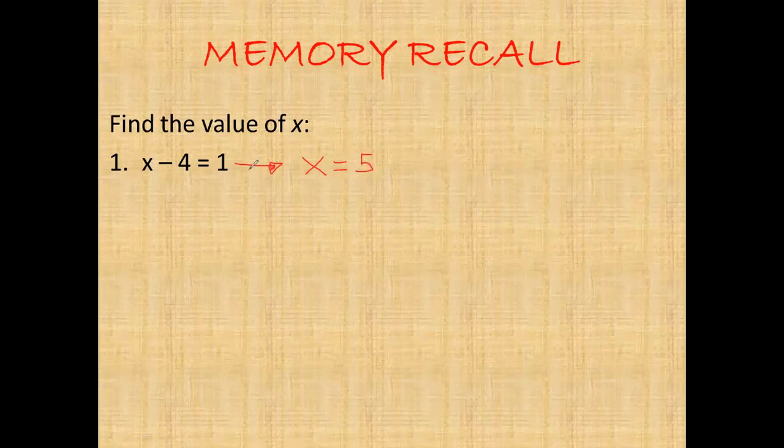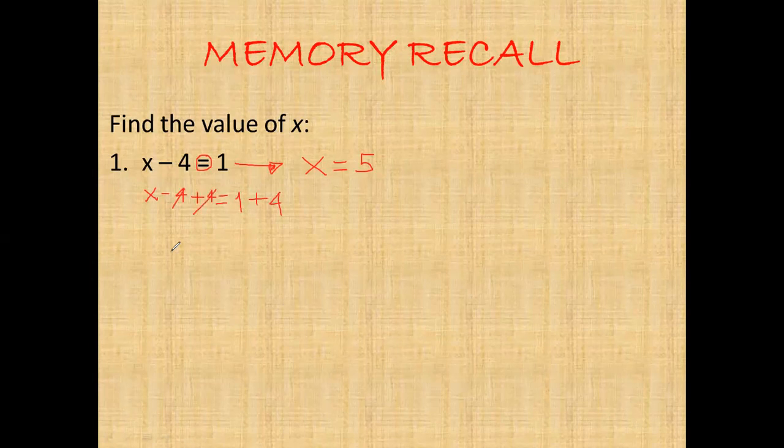Now remember what we have discussed last time. Whatever you do to the left-hand side of the equation, do the same to the right-hand side so that we can maintain the equality. So if that is x minus 4 and you add 4, your 1 here would be added by 4 also, so that we can cancel out negative 4 and positive 4.